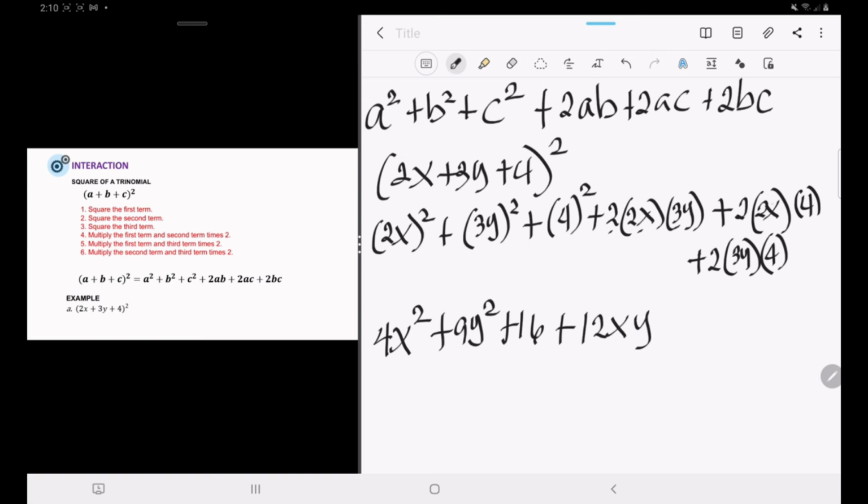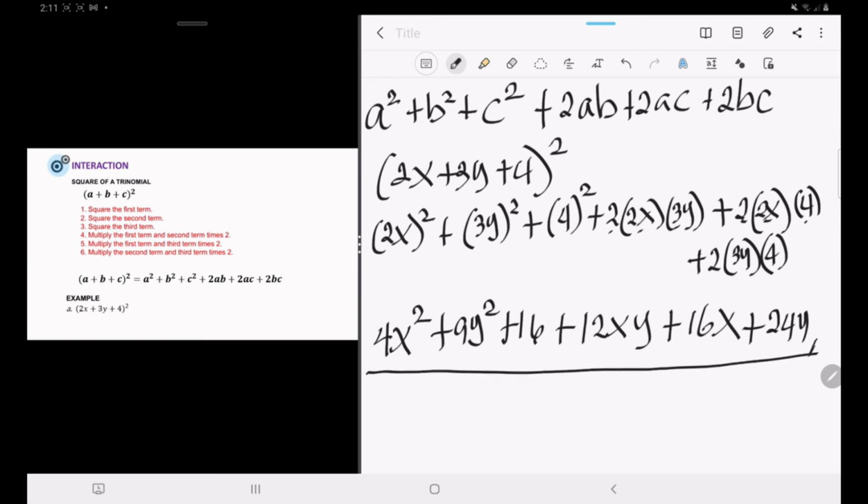And then 2 times 2x times 4 is 16x. And the last term plus 2 times 3y is 6y times 4 is 24y. So the product is 4x squared plus 9y squared plus 16 plus 12xy plus 16x plus 24y.